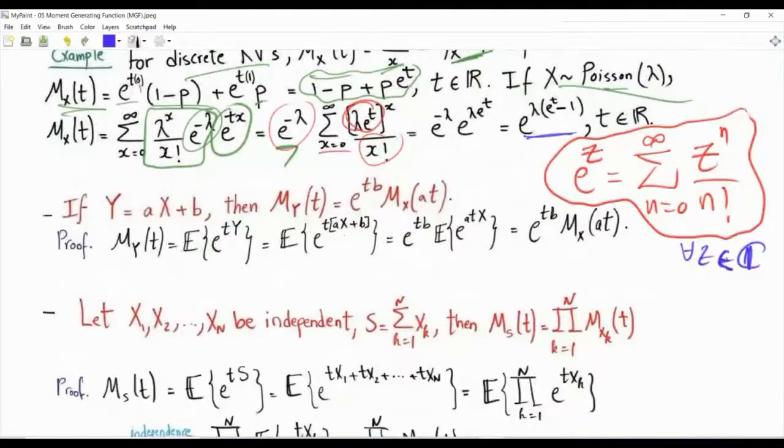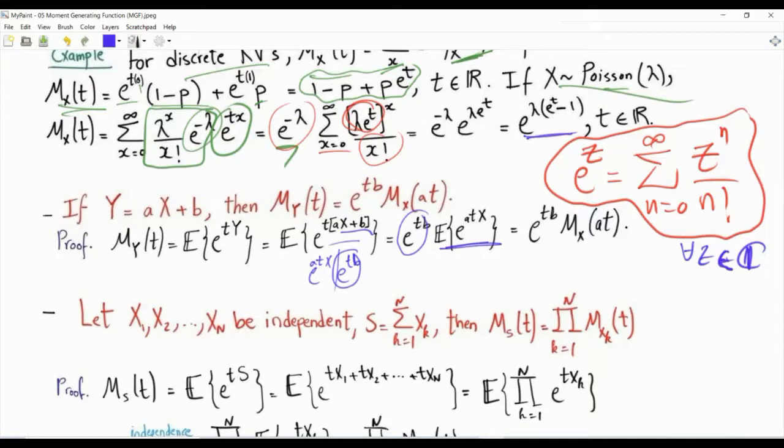Okay, so the moment generating function of aX plus b. You can write down this thing, e to the taX times e to the tb, right? So this is the nice thing about e to the sum. Then you can split it like this. This is a constant, so it can be pulled outside, and then we are left with the expectation of e to the taX. So what is this thing?